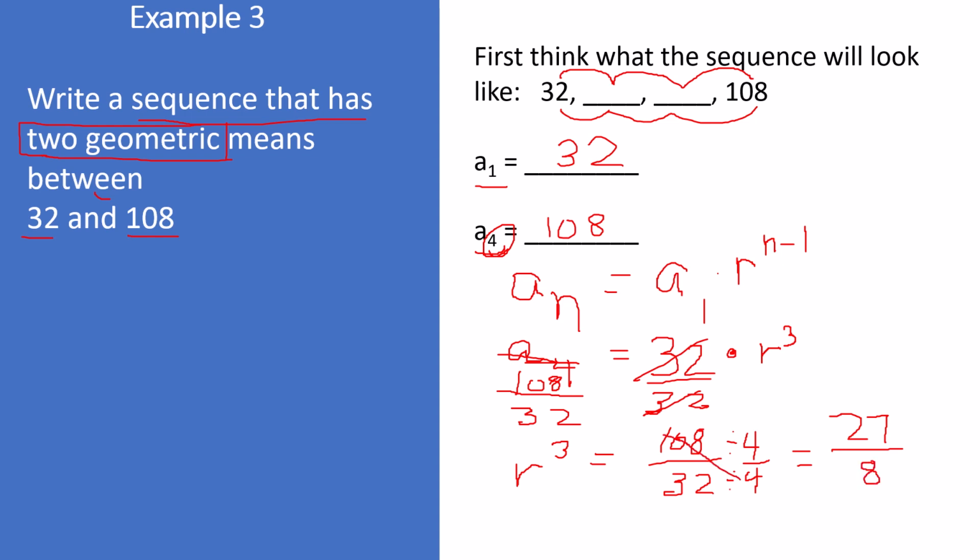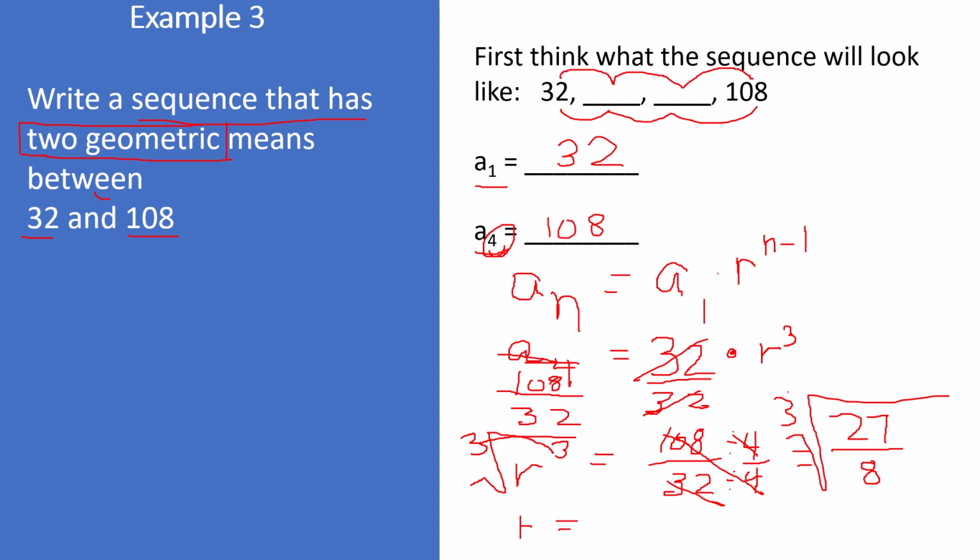All right, now that we've reduced that, we're going to take the cube root of both sides, not the square root, the cube root. When you take the cube root of a term that's cubed, that radical is going to drop, and you'll get r, which is what we're looking for.